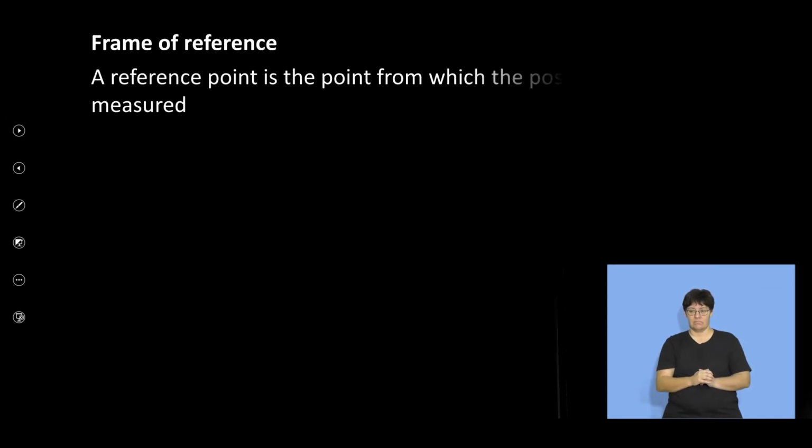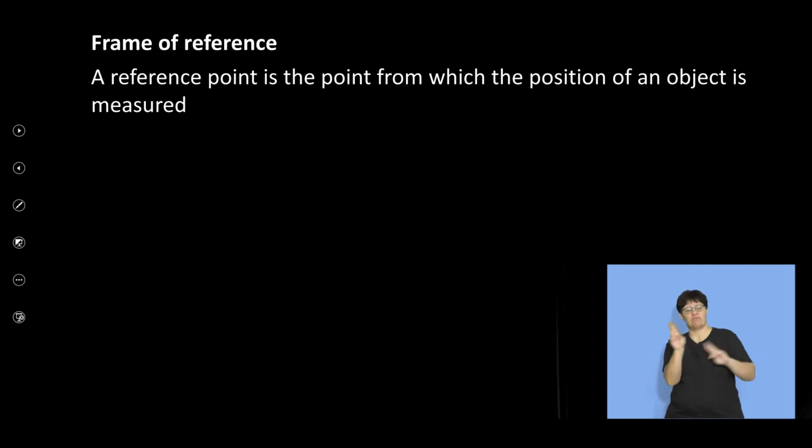So when we look at frame of reference, this is our definition. It's a reference point. So the frame of reference is the point from which the position of an object is measured. So if I want to look at me to my screen behind me, I can be the reference point. If I'm considering me to the camera that's in front of me, I can either say I'm the reference point, or the TV, the screen is the reference point.